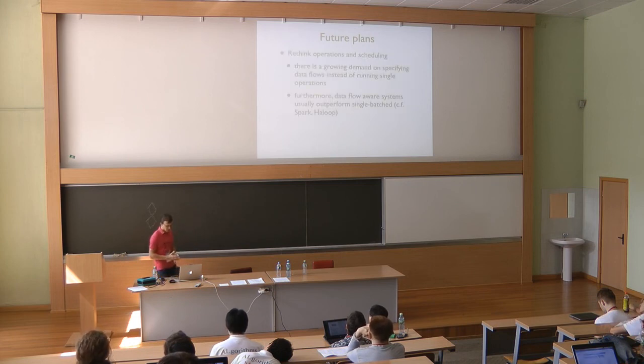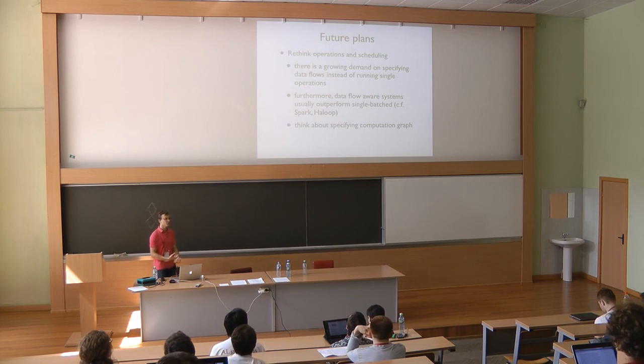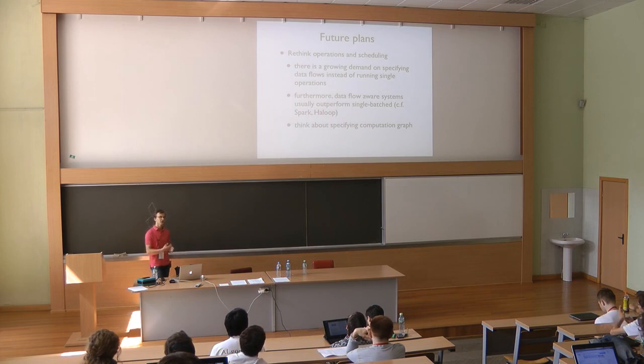There is another direction of our future plans, which is to rethink how you tell the system what you're trying to do, right? In the MapReduce paradigm, you specify a mapper, a reducer, and a data set, and it runs a single MapReduce operation, right?